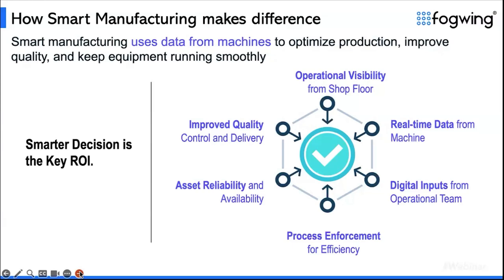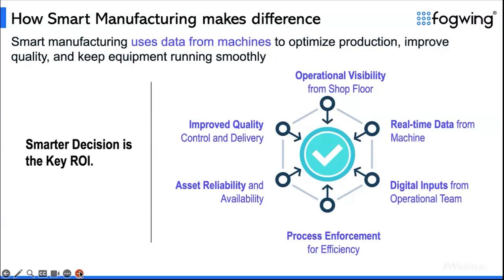So we collect the machine data and operational data from the actual team running the production. And by providing digital technology to the operators, we can also improve the process that we want them to follow. For example, in a log sheet today, they are not capturing the data properly because they are writing manually by hand, and it is not fully enforced.